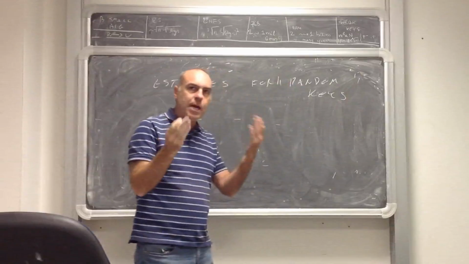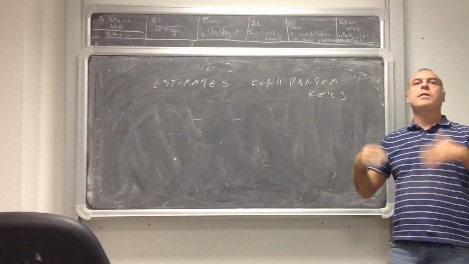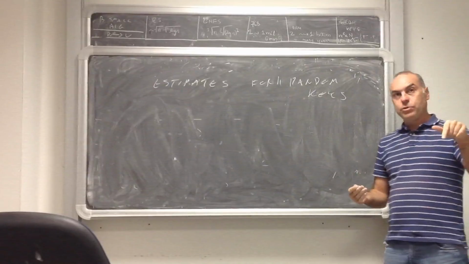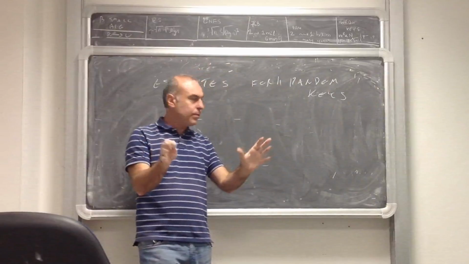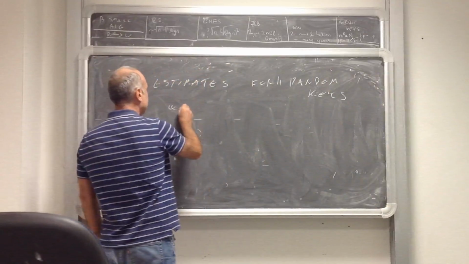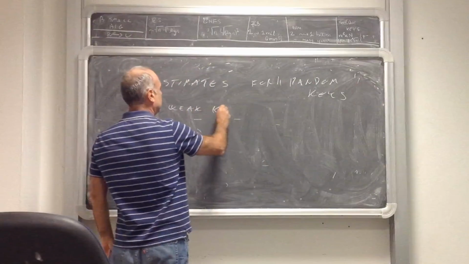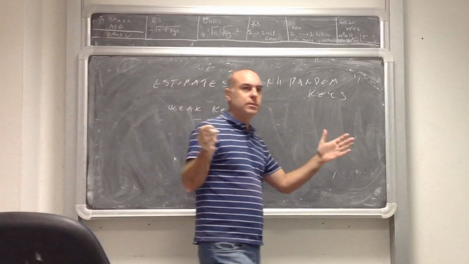So if the two primes are computed randomly, are obtained randomly somehow. Next lecture we discuss what is random, and the random that we need for cryptography. Now I'll tell you only that there are weak keys that can be broken very easily even if they are long.